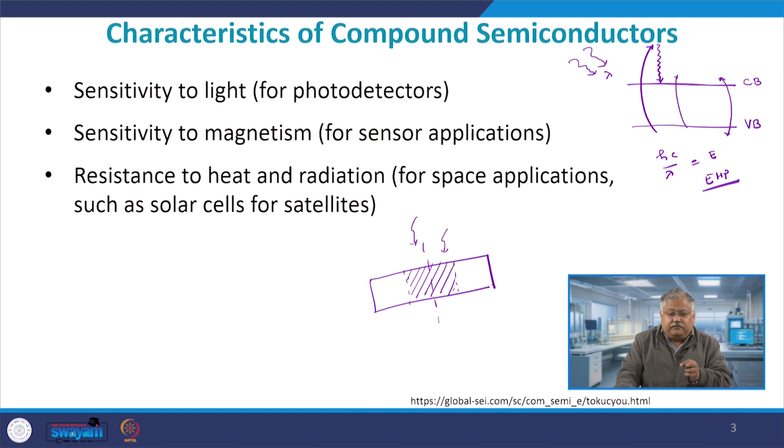Because of the strong electric field within the depletion region, these electron hole pairs will shift to this side and this side, and thereby a spike of current will be formed. When a spike of current is formed, you know the energy which has come in. This is the concept of photo detection in semiconductors, and 3-5 does it in a much better manner.